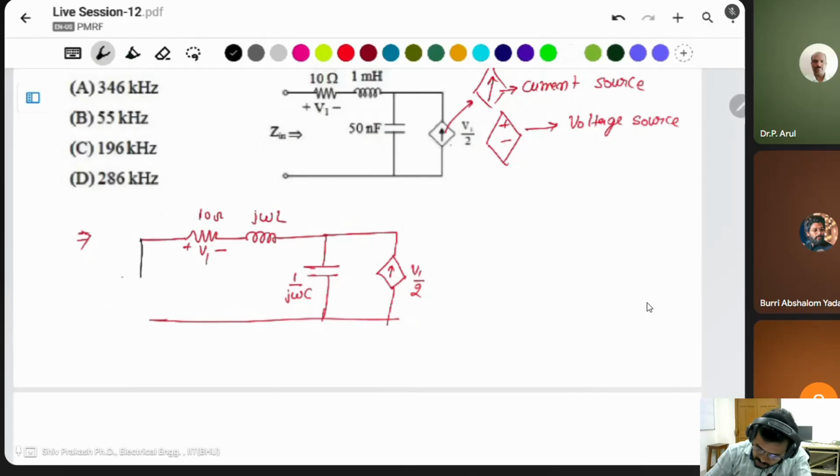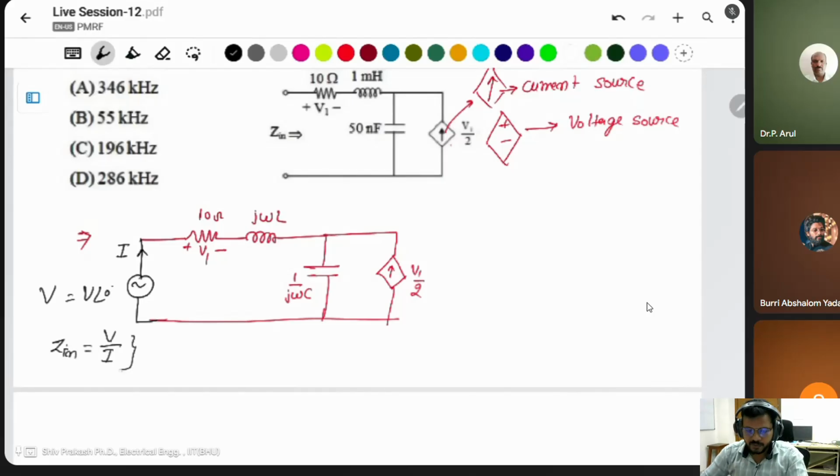In this case also you use the AC circuit, V and I. Because V at angle 0 is the same as V, you use V and I and find the value of V by I. This is the impedance.